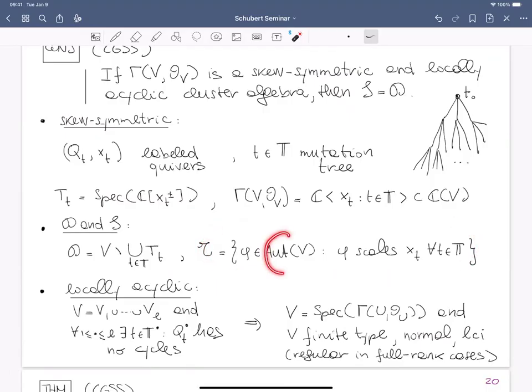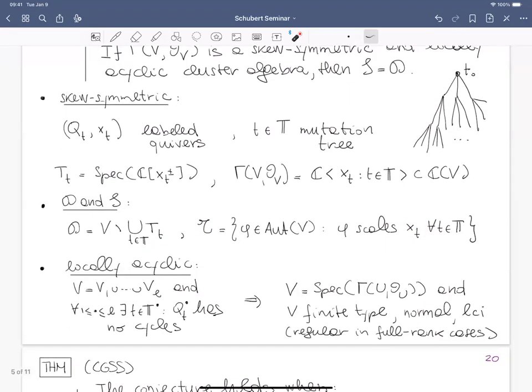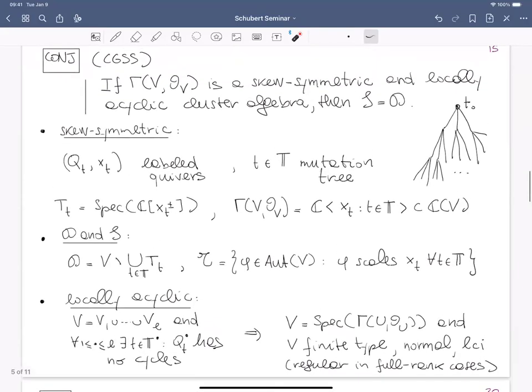And it's the torus of automorphisms of V such that they scale each cluster variable by some non-zero factor. So if you look at a given set of labels, labeling some quiver, the action of the automorphism scales them by some non-zero factors. So that's the generality in which we state this conjecture.